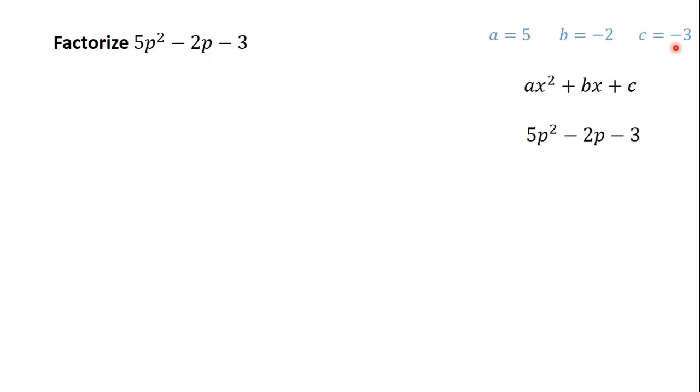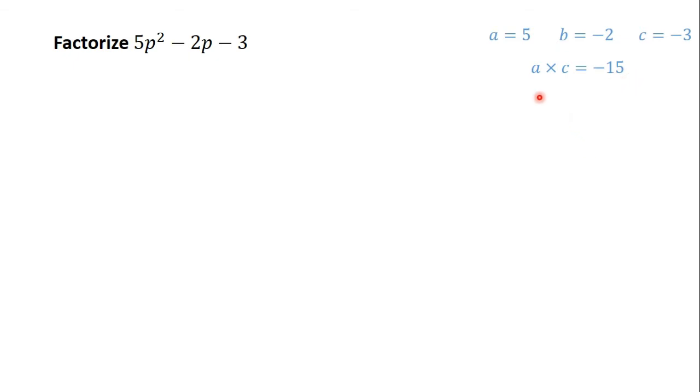The second step says that after we have found the values of a, b, and c, we have to multiply a by c. A is 5, c is minus 3. So a times c will give us 5 times minus 3, which is minus 15.